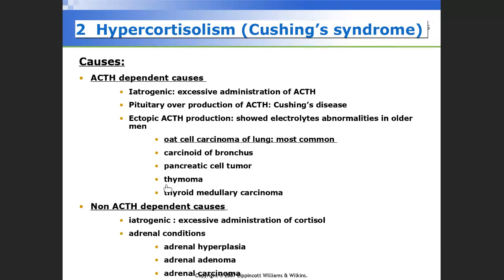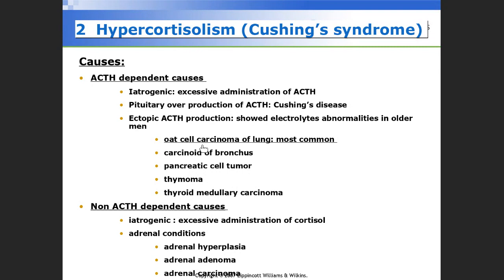Pancreatic cell tumor, thyroid medullary carcinoma, carcinoids of the bronchus. How about instead of thinking of all these five, just know one, okay?